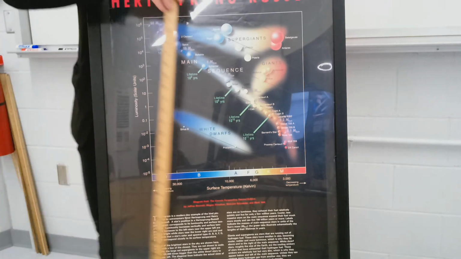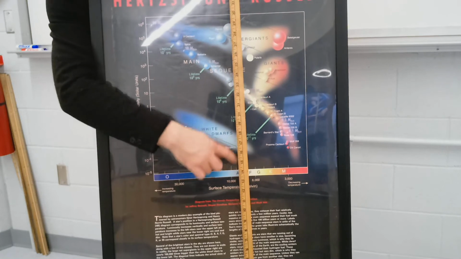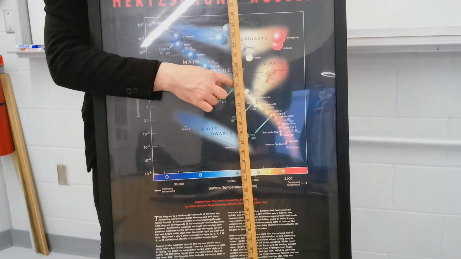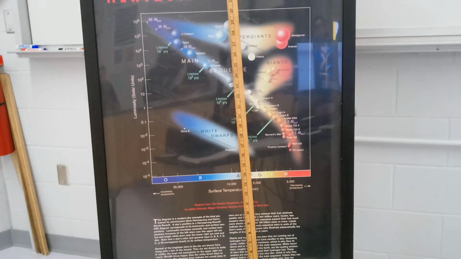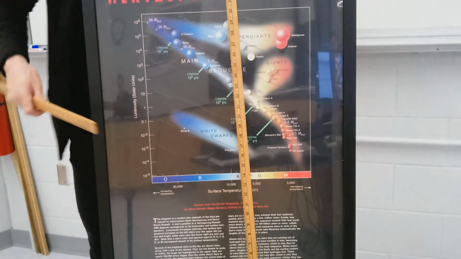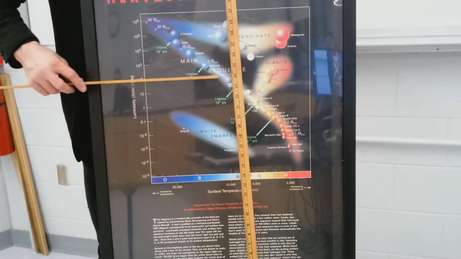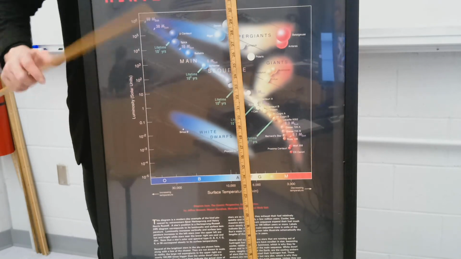How about a spectral type A? We go up to the main sequence, and then over. I think it's just 10. I think it's more than that. Or 10 to the second. Yeah, it's one of those two. I think 10 to the second works a little better. Okay?